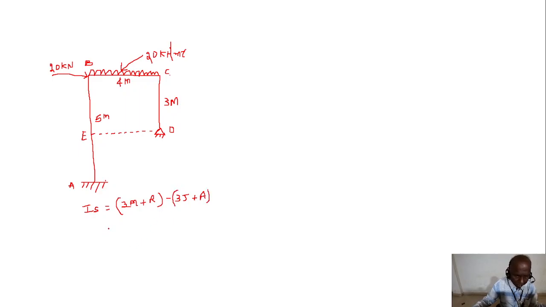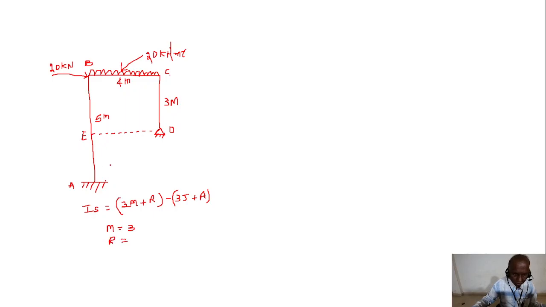Here m is the number of members, which is 3 members. r is the number of reactions.